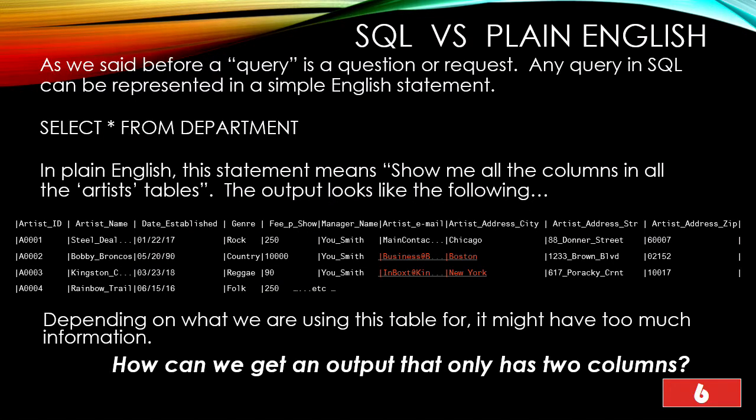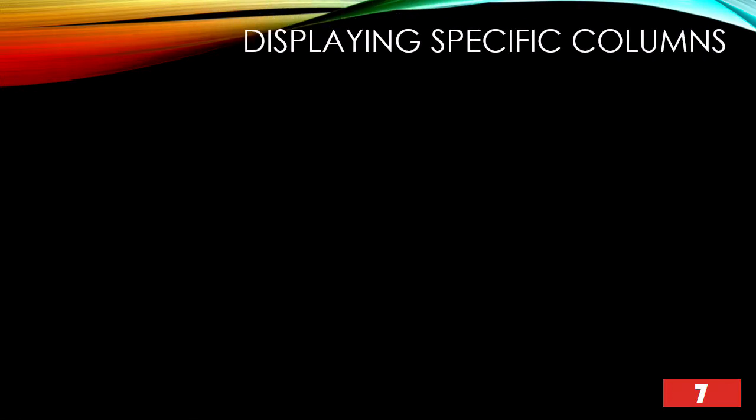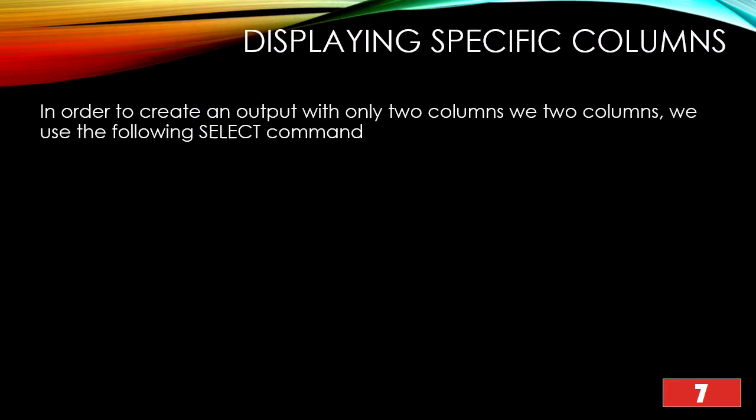So depending on what we're using this table for, this might be too much information. How do we get the output so that it's something more usable? Maybe we only want to look at 2 columns. So displaying specific columns, in order to create an output with only 2 columns, we use the following select command.